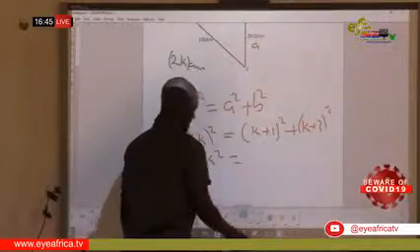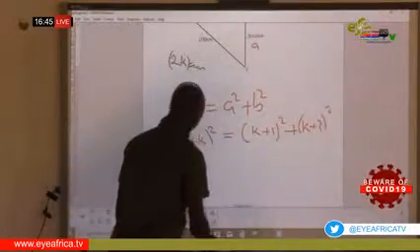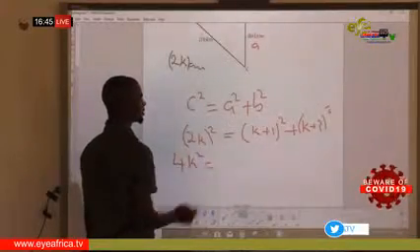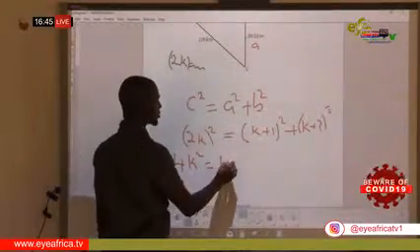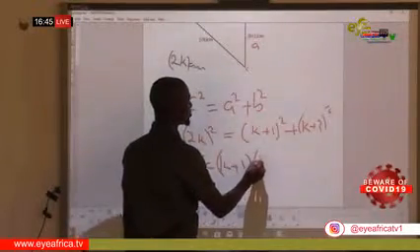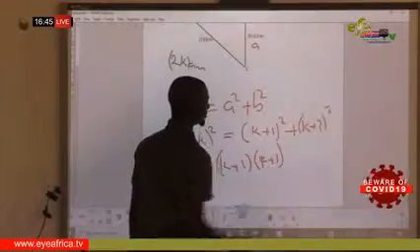So we'll have 4k square is equals to k plus 1 and also k plus 1, because k plus 1 square is the same as k plus 1 twice.